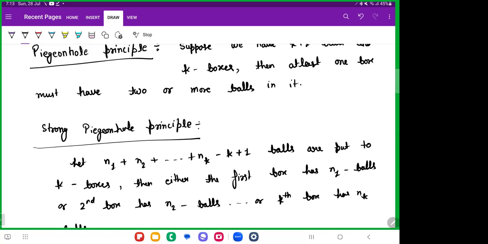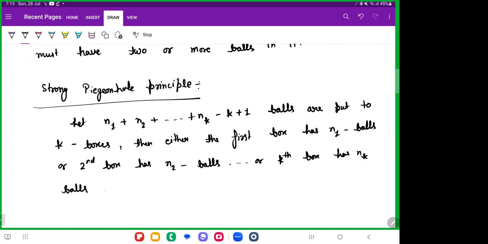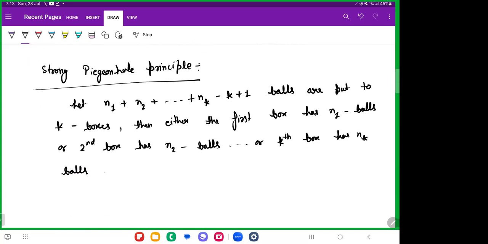The first thing is the pigeonhole principle, which says that if you have k plus 1 balls and k boxes, one box will contain at least two balls. It can contain more than two balls. The strong pigeonhole principle is just its generalization, but we will see its application in today's class.